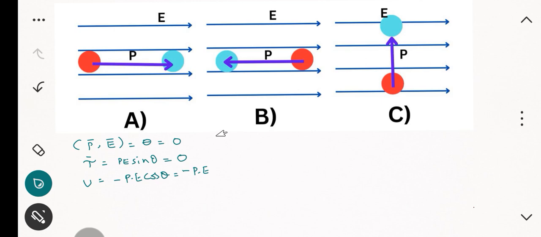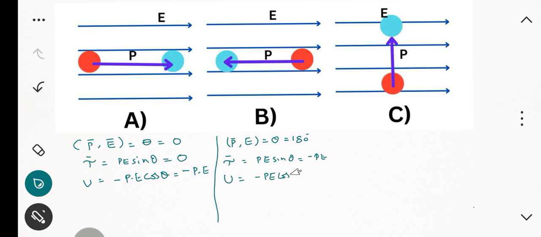Similarly, for the angle between P bar and E bar equal to 180 degrees, then we get tau bar is equal to PE sin theta, which is sin 180, whose value is 0, therefore we get tau equal to 0, and U is equal to minus PE cos theta.